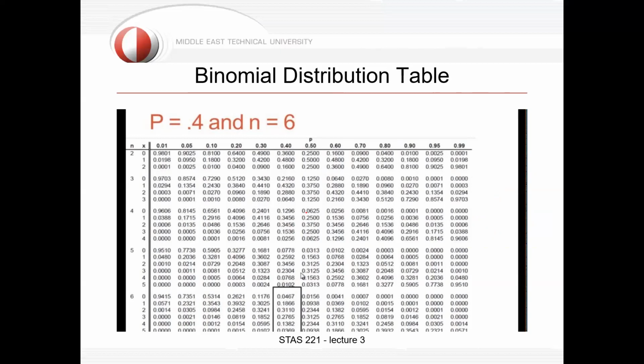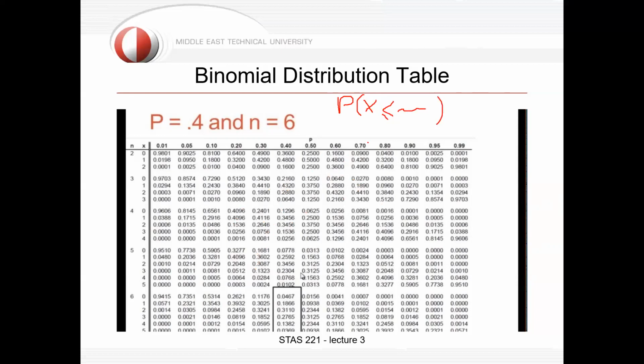There is also another way. Fortunately, for famous distributions like the binomial distribution, there are tables so that you don't even need to use a formula. If you want to use a table, you should be careful. These tables are in cumulative format. What does it mean? It means that from these tables you can only answer questions like x less than or equal to some value.